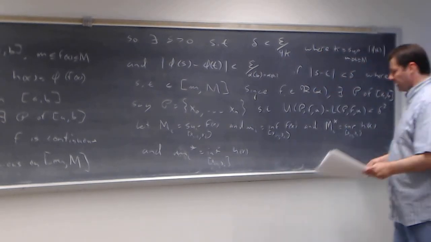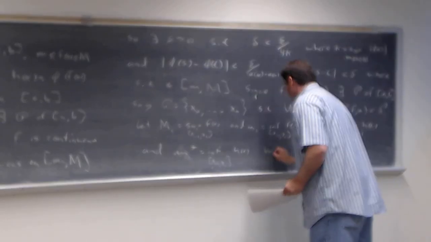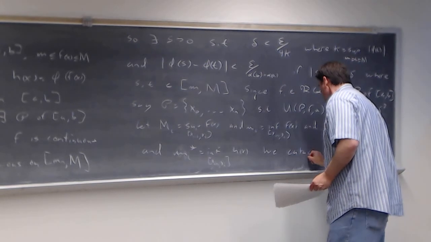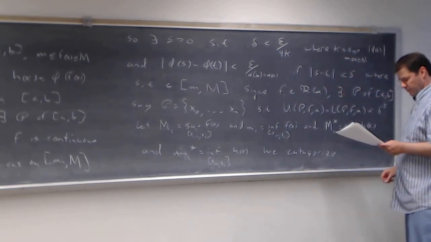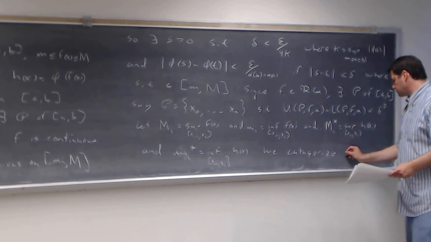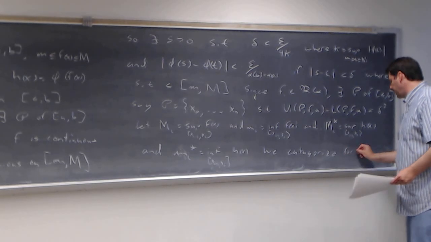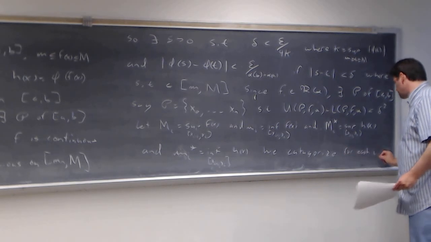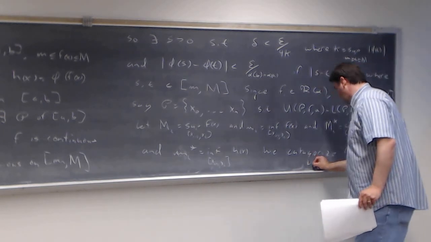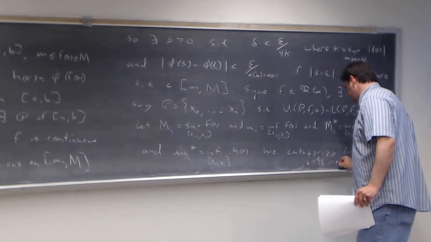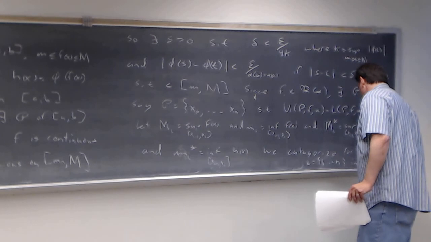Okay. And so what we're going to do is we categorize each i, i equaling 1 up to n, into two cases.